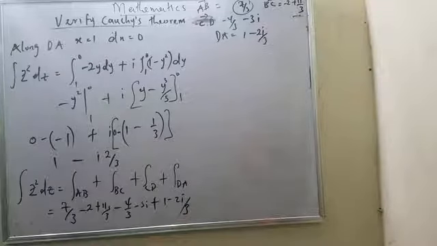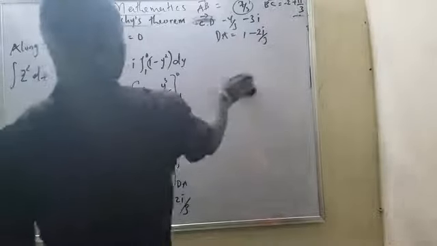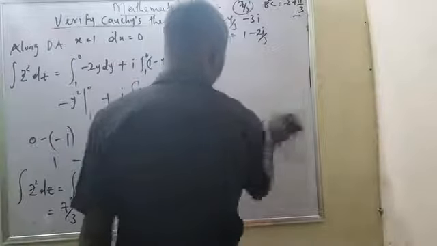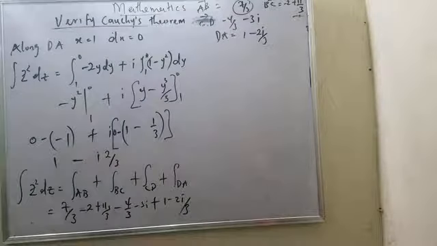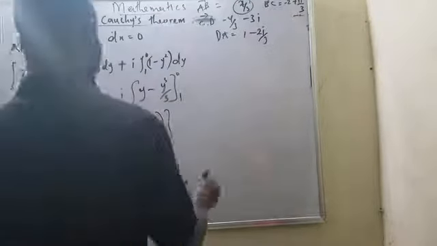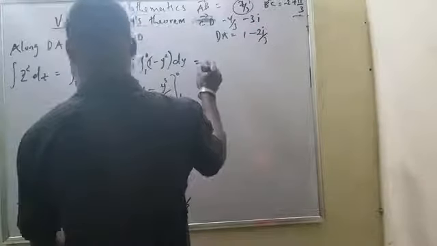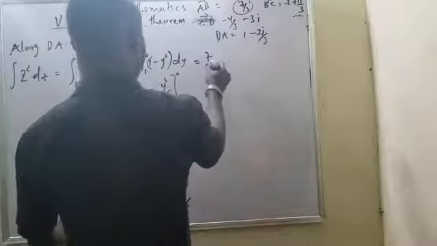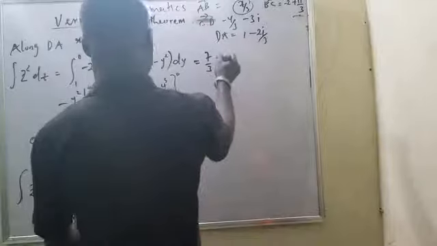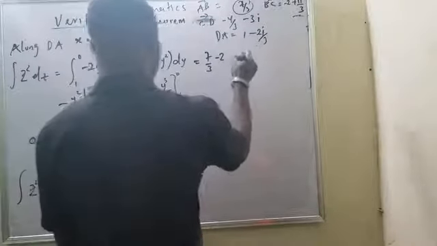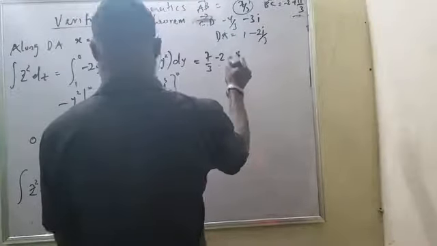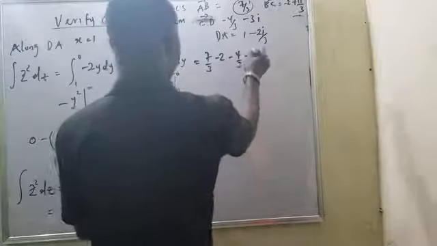I can separate and add up all the i's to one side, and the ones without i to one side, which can be equal to 7 all over 3 minus 2 minus 4 all over 3 plus 1.